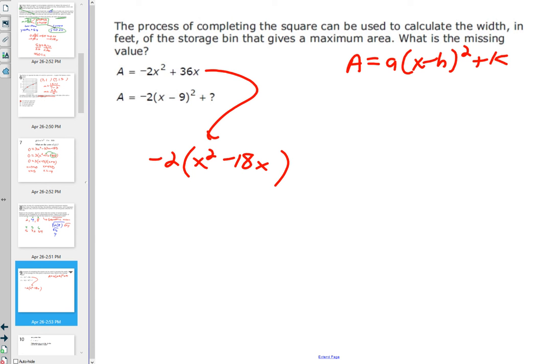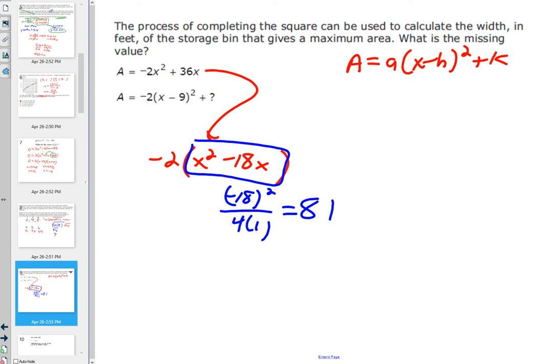What was it? B squared over 4a. Now my b would be negative 18, so negative 18 squared over 4 times 1, because this negative 2 was factored out already. We're only focusing on this. That's what we want to complete the square with. What's 18 squared divided by 4? What is it, 81? Okay.